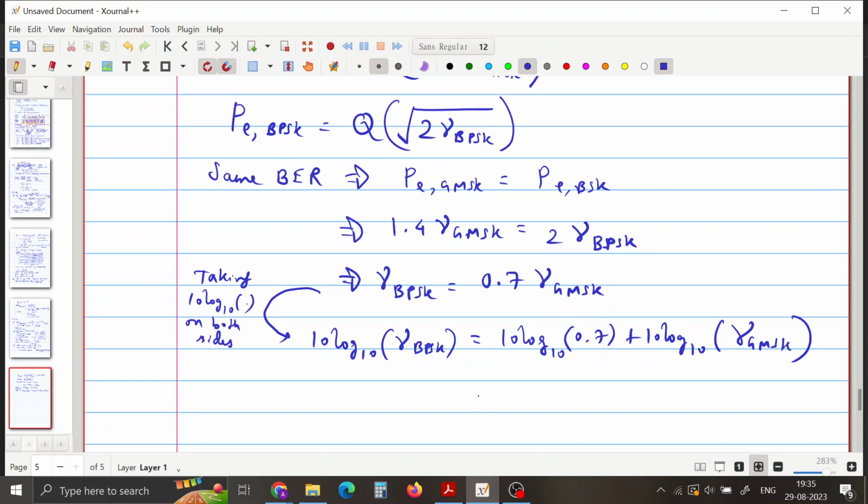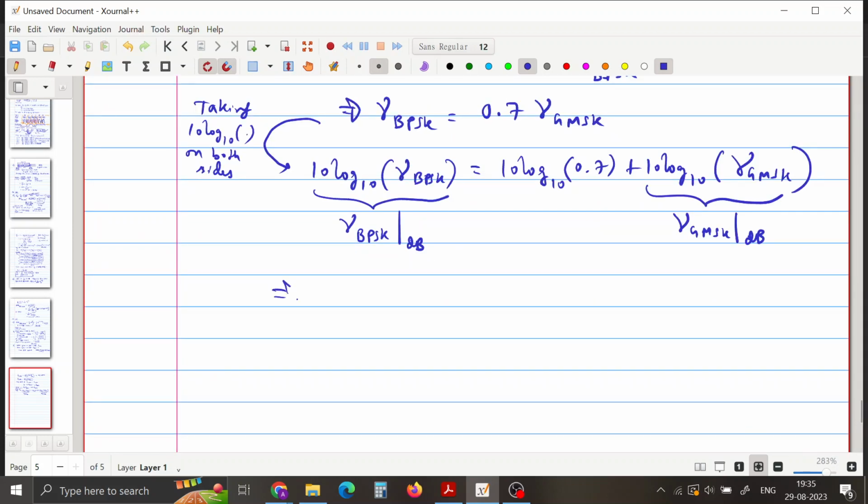Correct? So this is your SNR of BPSK, gamma BPSK in dB. And similarly, this term here is your gamma GMSK, the SNR for GMSK in dB. Okay.